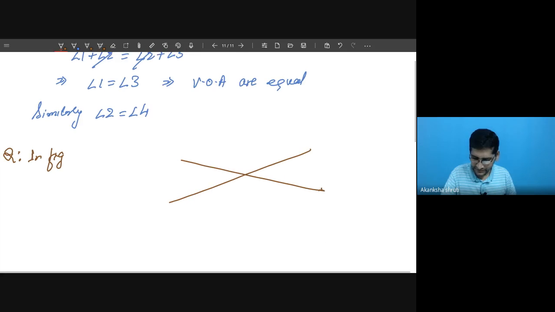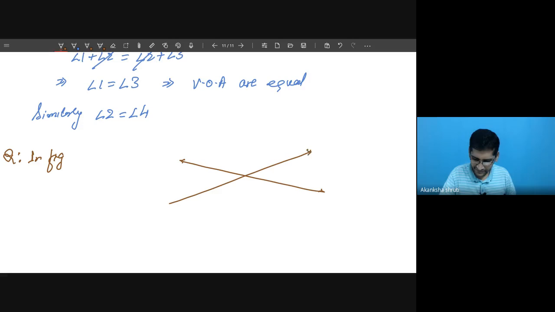Observe this figure carefully. So let me take this angle as 60 degree.